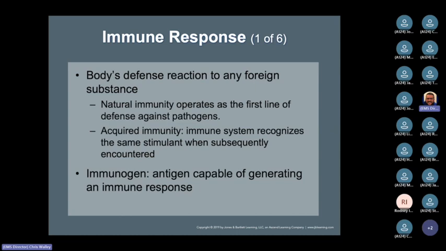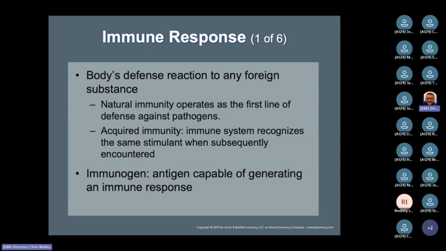The primary or initial immune response takes place during the first exposure to an antigen. An antibody binds to that specific antigen. An immunogen is an antigen capable of generating an immune response.